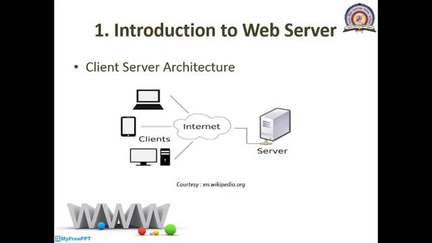It might be providing some services to other computer systems, and these systems are connected to the network. And these clients, here we have shown multiple clients, they can make requests to this server for using its service through the network.